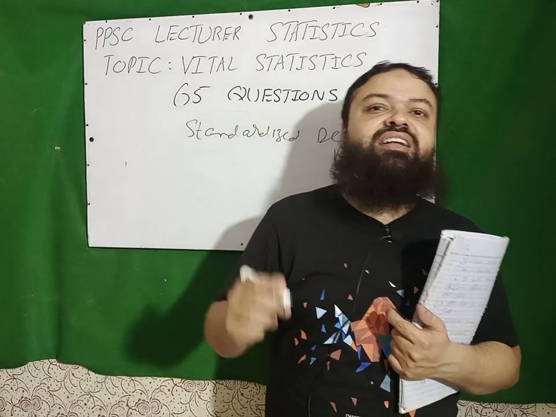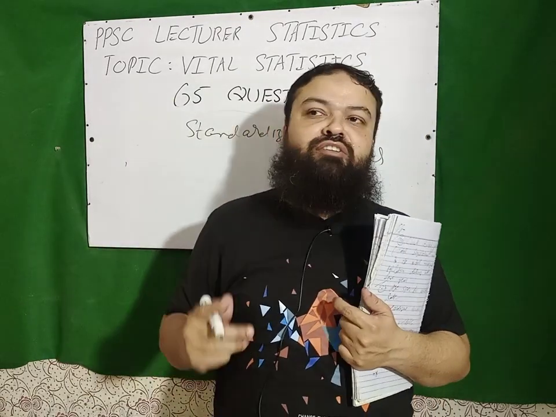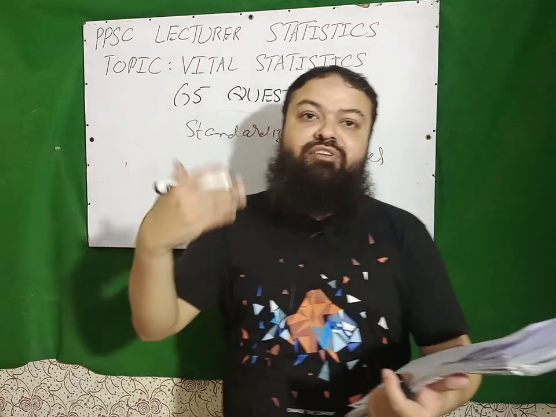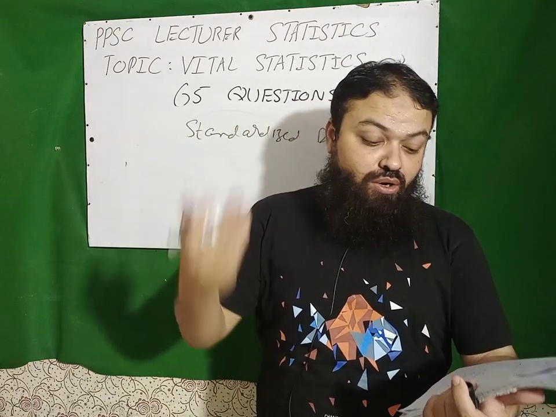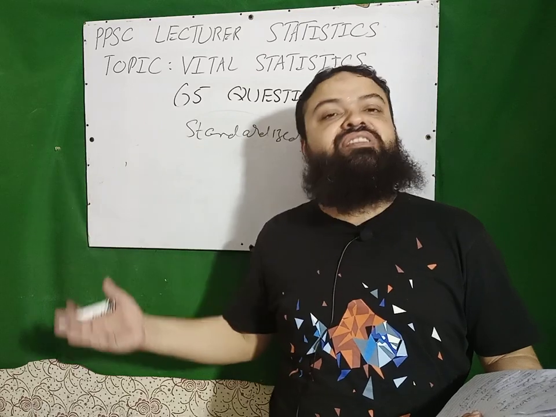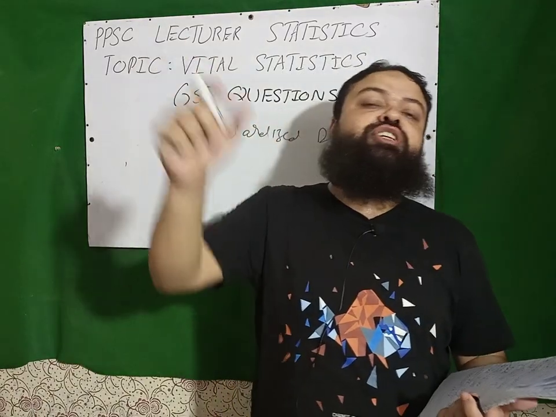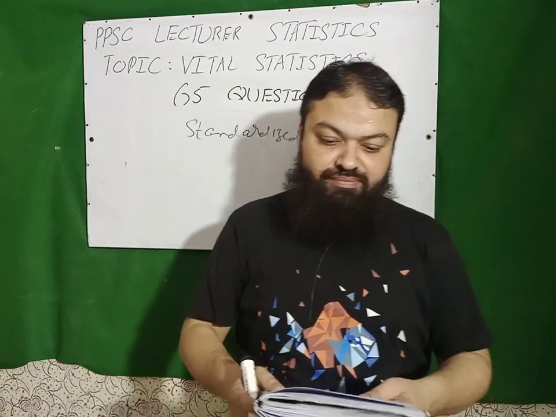Standardized death rates are computed for two regions, for two areas. Whenever we have different ages, different sexes, different occupations and climates, we use the standardized death rates. We compute the death rates for different regions, for different areas.